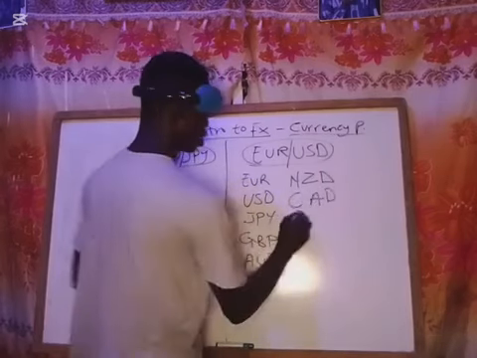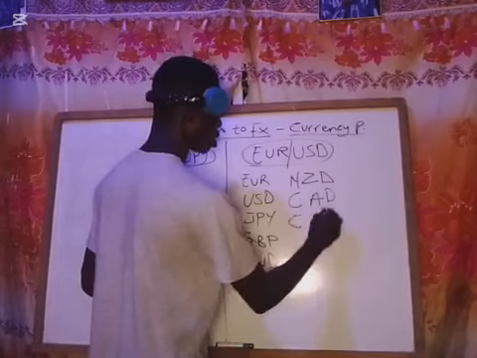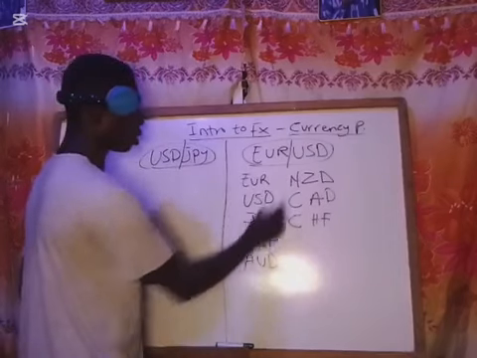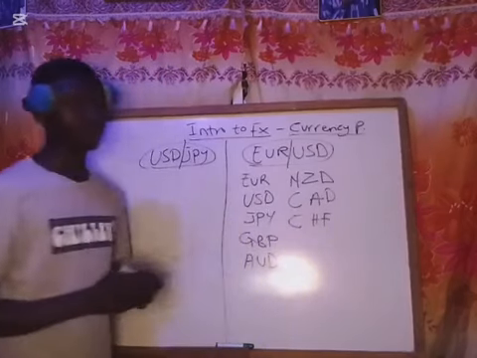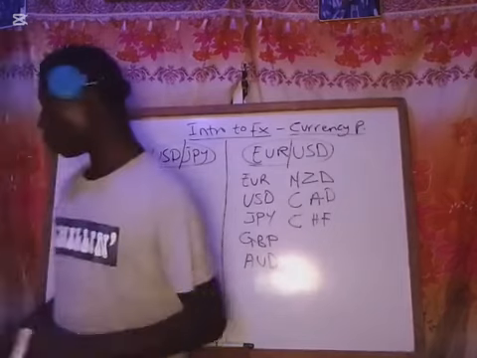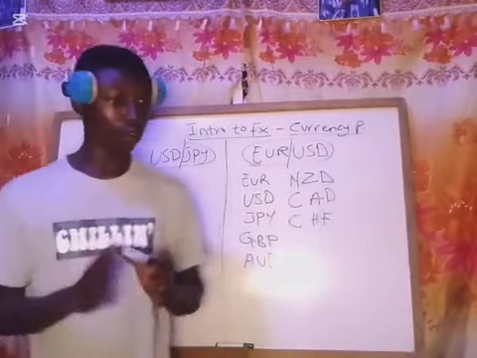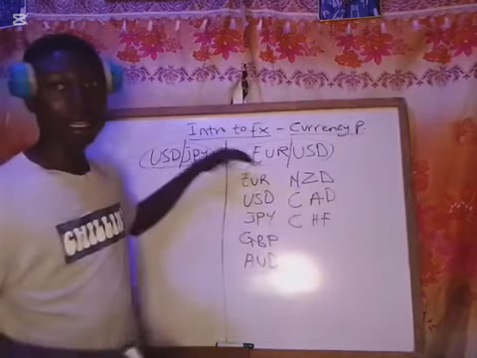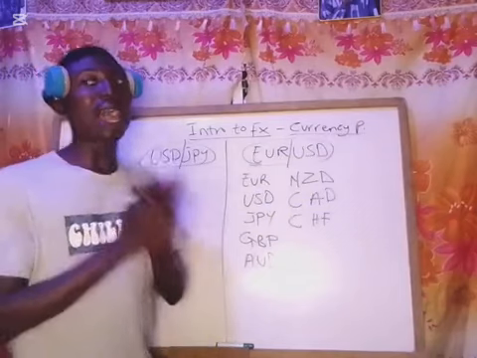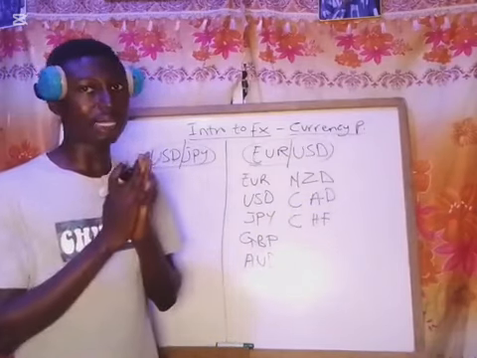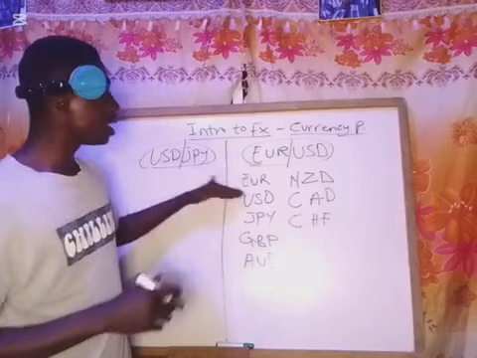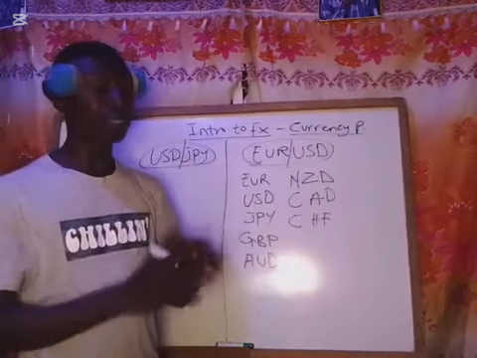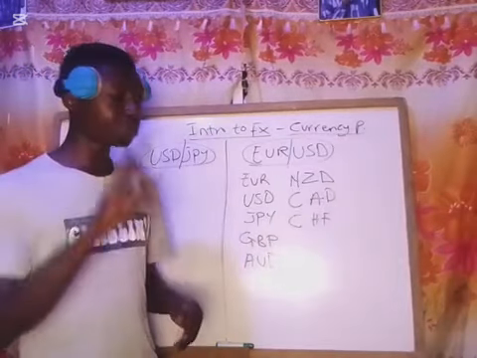We have CHF. 1, 2, 3, 4, 5, 6, 7, 8. Now this is what I want you to understand in forex trading. These 8 currencies you are seeing over here are the major currencies traded in the forex market.